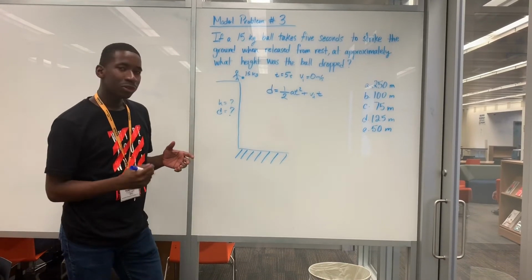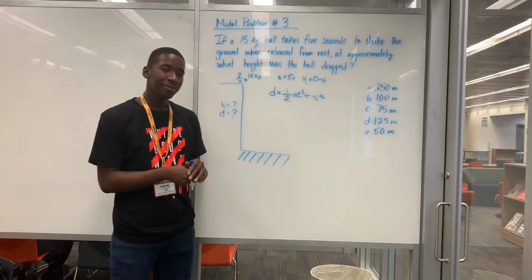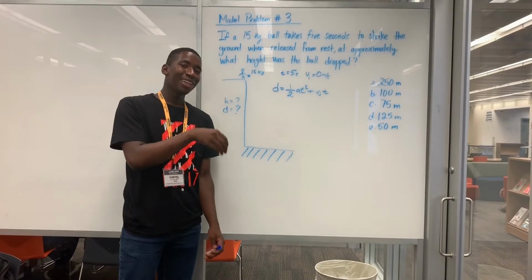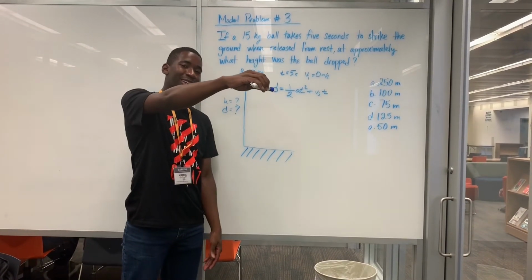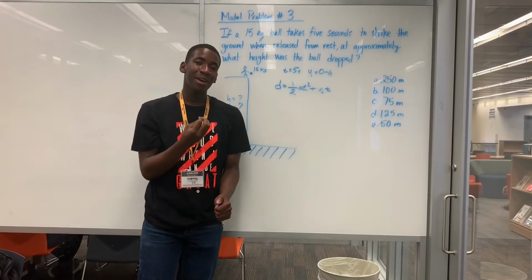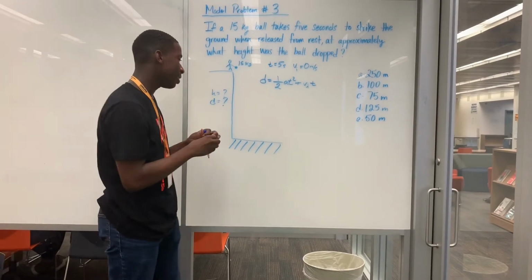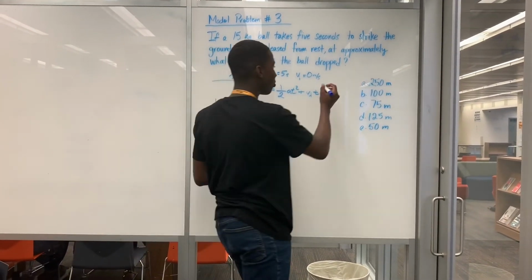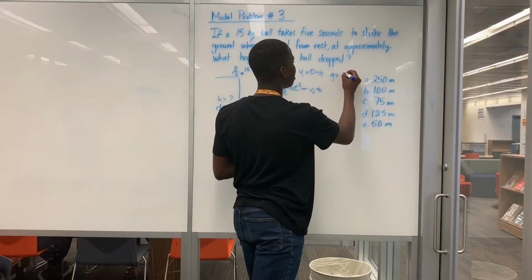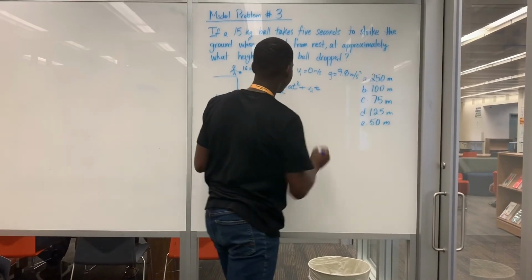But what type of motion is this? Accelerating motion. Specifically, free fall. The ball is falling straight down under the sole influence of gravity. So our acceleration for this is gravity. And gravity is equal to 9.81 meters per second squared.